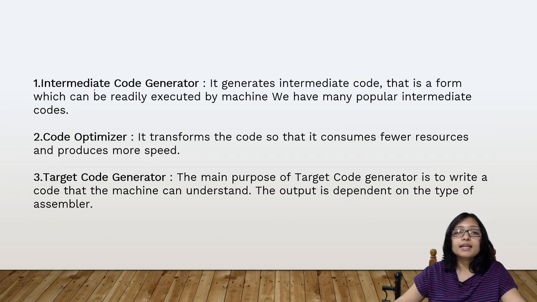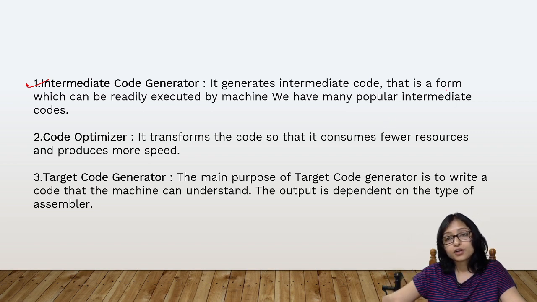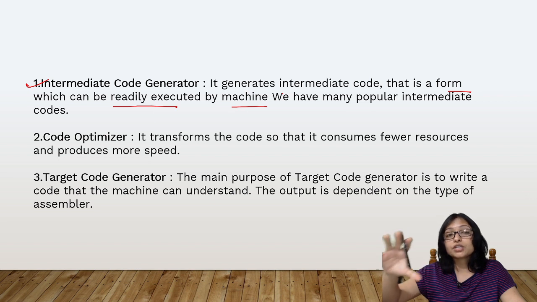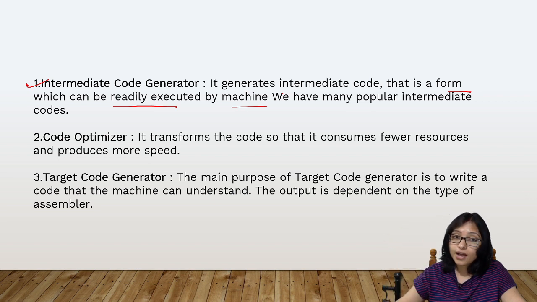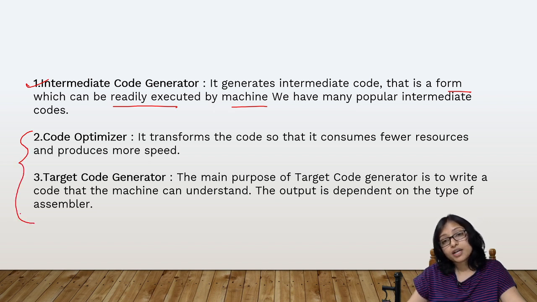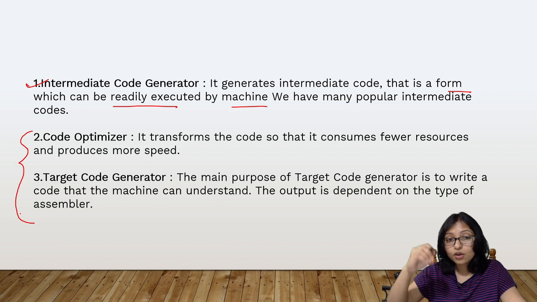Next one is the intermediate code generator. Intermediate means it is the common one. It generates the intermediate code in a form which is readily executed by a machine. Any machine you can execute it on. And finally, after that, machine dependent code optimization and target code generator, which depend on the machine.